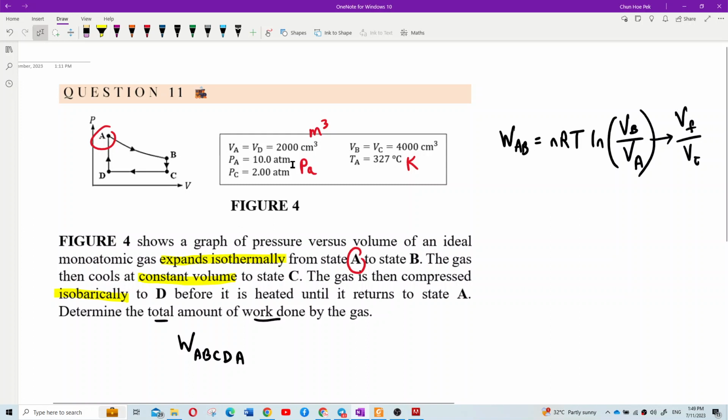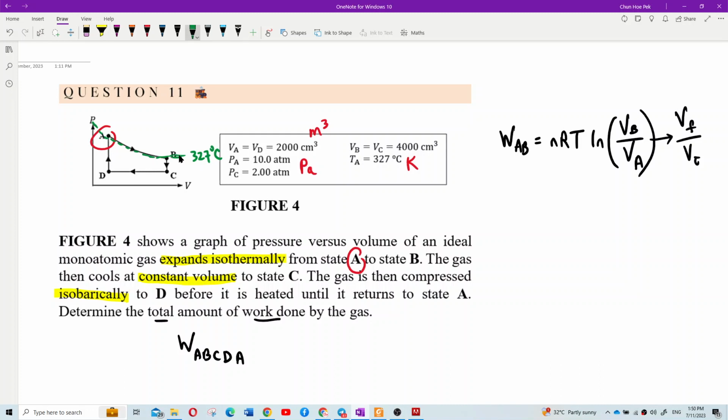See that? That means AB is an isotherm line. Isothermal line. You know? Even point B has the same temperature as point A. They are the same isotherm line. 327. Oh, this one is degree Celsius.